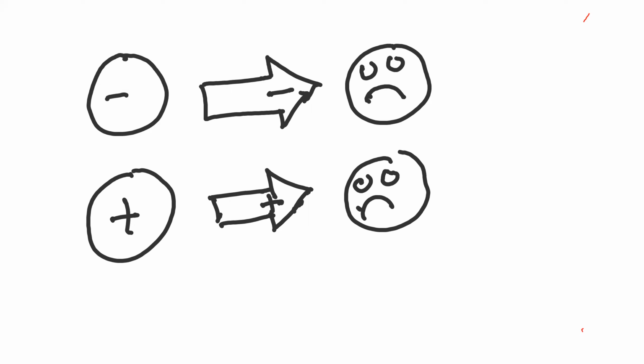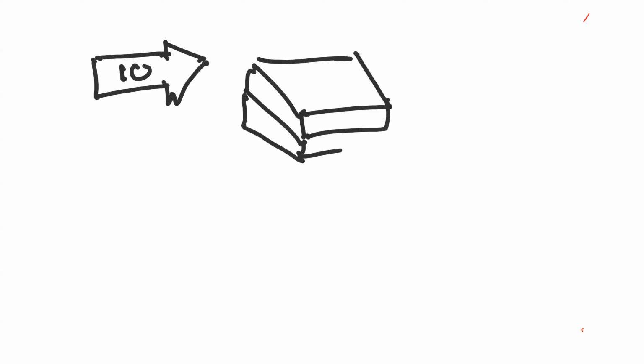So the next concept that you want to understand, the third concept: we can increase the magnet force by increasing the number of cells. Cell layers actually means number of cells.